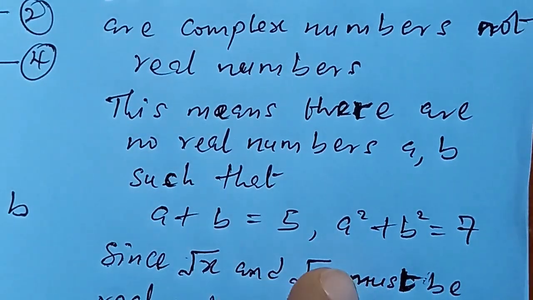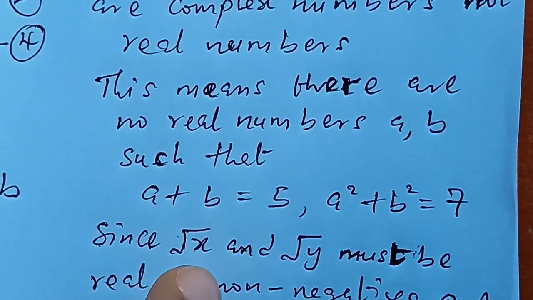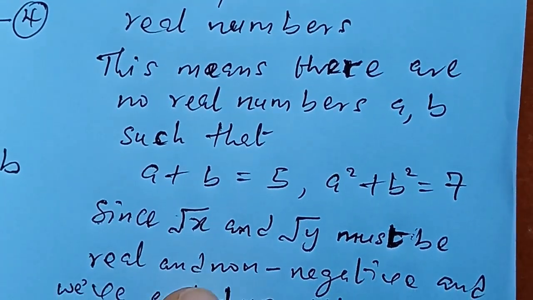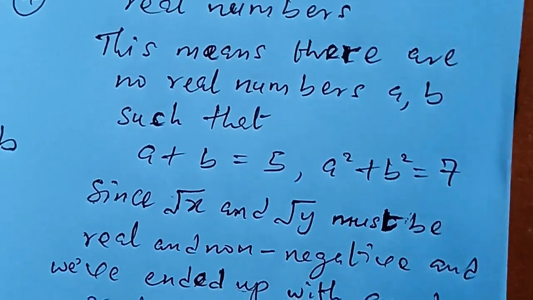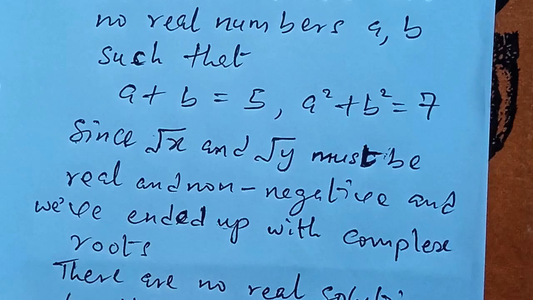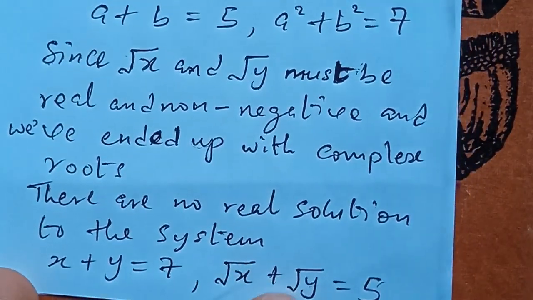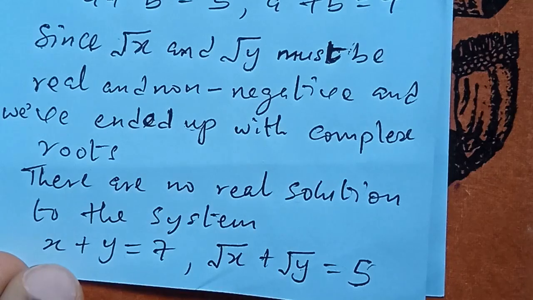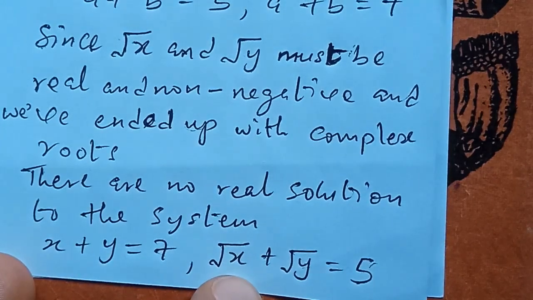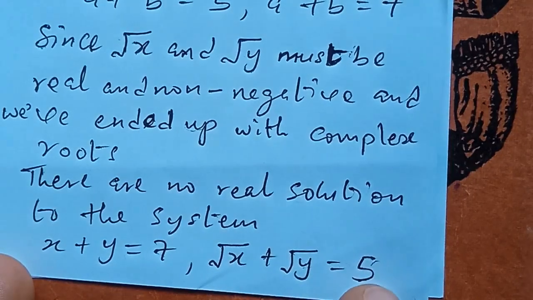Since square root of x and square root of y must be real and non-negative, and we have ended up with complex roots, there is no real solution to the system of x plus y equals 7 and square root of x plus square root of y equals 5.